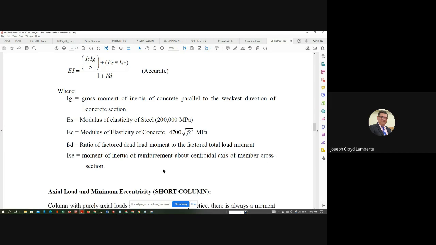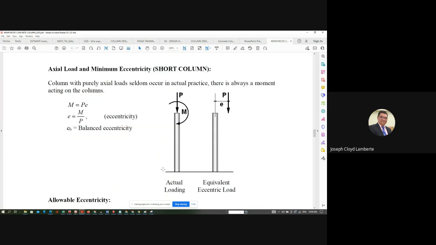Okay. So, una ta sa short column. Axial load and minimum eccentricity. So, kung naay minimum eccentricity, naa gihapon eccentricity, class, meaning naay presence of moment.